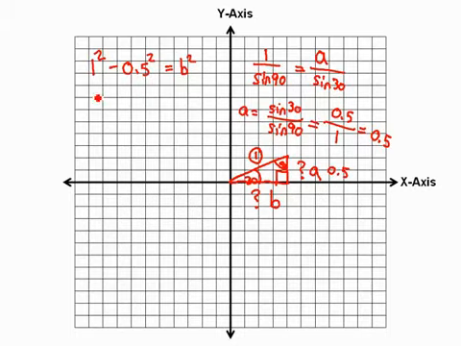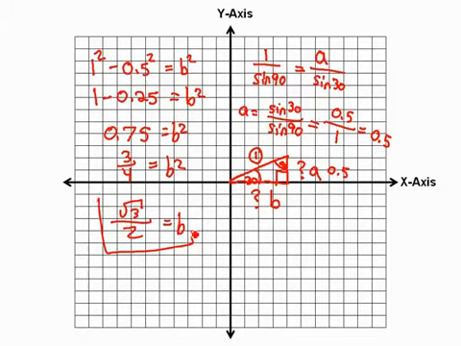Now, 1 squared is 1, 0.5 squared is 0.25, so 0.75 is equal to b squared. So 3/4 is b squared, and therefore b is root 3 divided by 2. So there we go. We know what b is, and we know that a was 0.5.